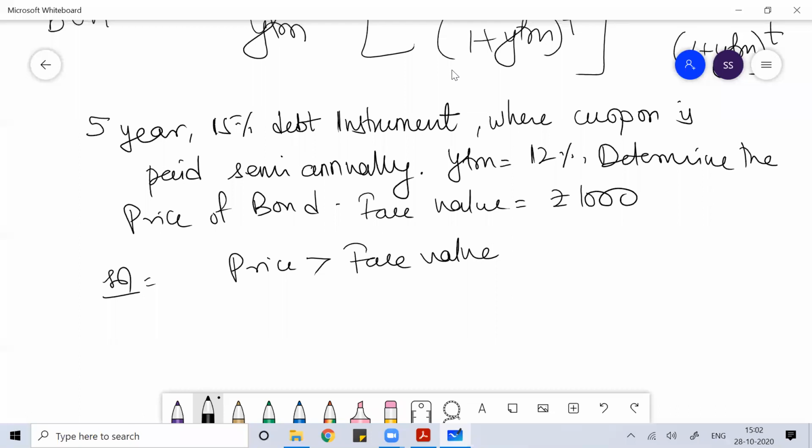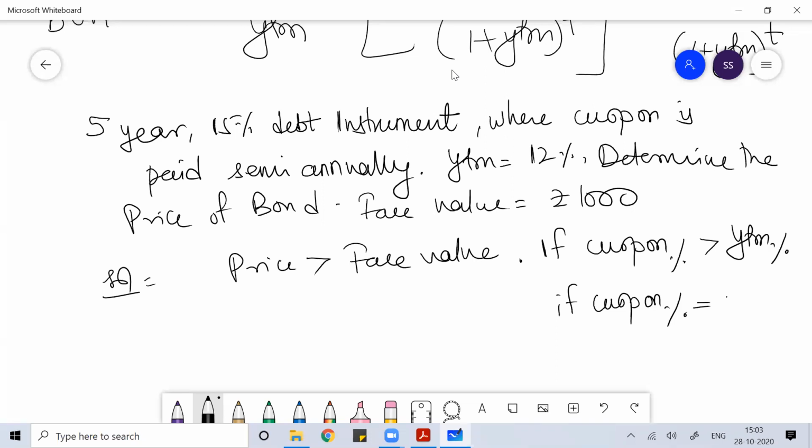I just need to see the value of the coupon and the YTM. If the coupon percentage is more than the YTM percentage, then definitely the price of the bond will be more than the face value of the bond. If the coupon rate is equal to the YTM rate, then the price of the bond will be equal to the face value.